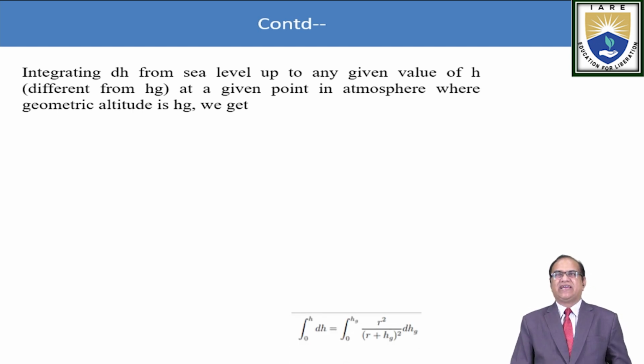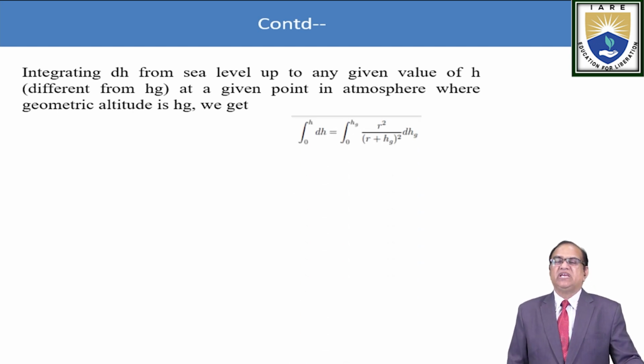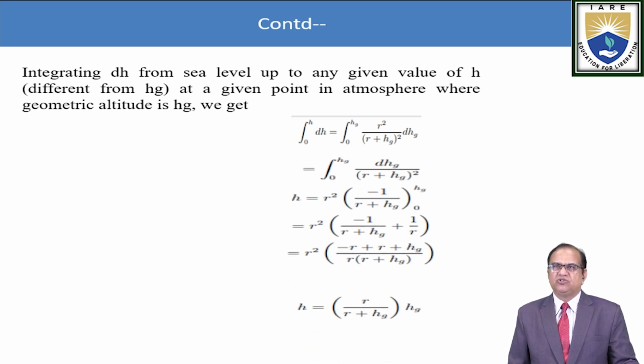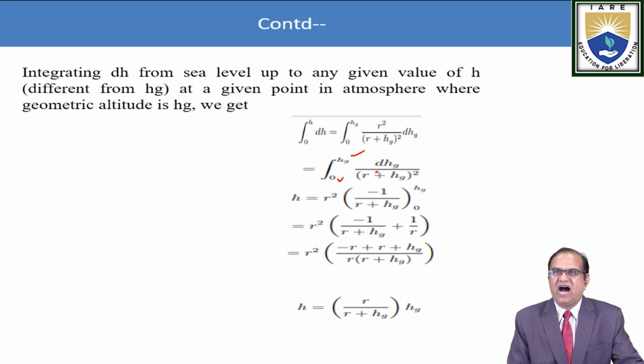So we integrate from 0 to h of dh, and 0 to hg of r square by r plus hg whole square dhg.